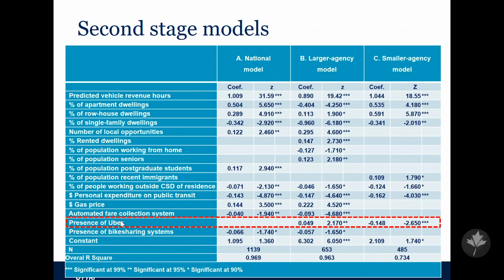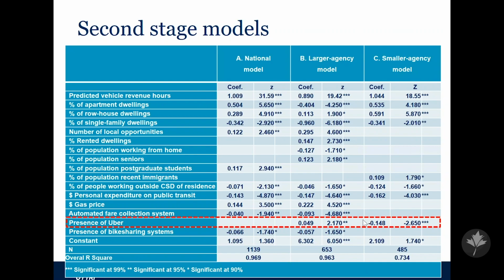We tested this dummy variable and found some interesting results. For large agencies, this dummy variable was shown to be positive. In other words, when Uber was introduced, there was an increase in ridership, all else being equal.